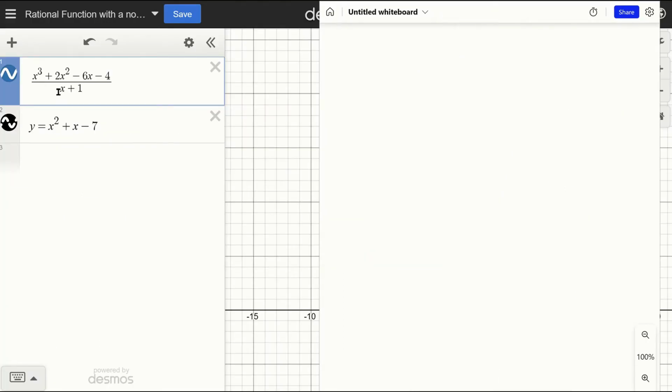Okay, suppose that this is the rational function we're looking at, right? So if we go ahead and divide, we don't have any missing terms on top, so we can just put -1 in the box, right? Because we're dividing by x plus 1, so we always put the opposite when we use synthetic division. And the coefficients are going to be 1, 2, -6, and -4, right?